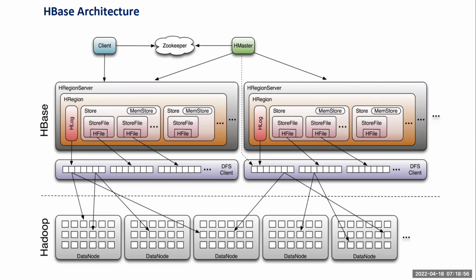Then it is converted into a store file and flushed into HDFS using the DFS client. Any questions? Finally, your data will be on HDFS only in the form of blocks. So this is the HBase architecture.